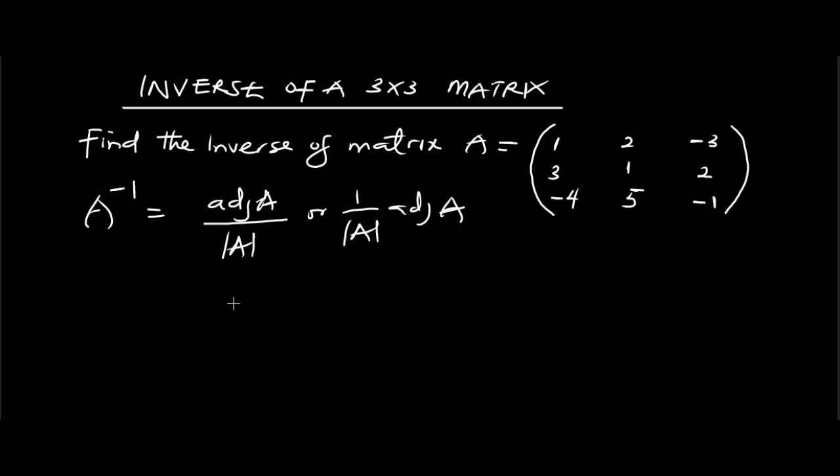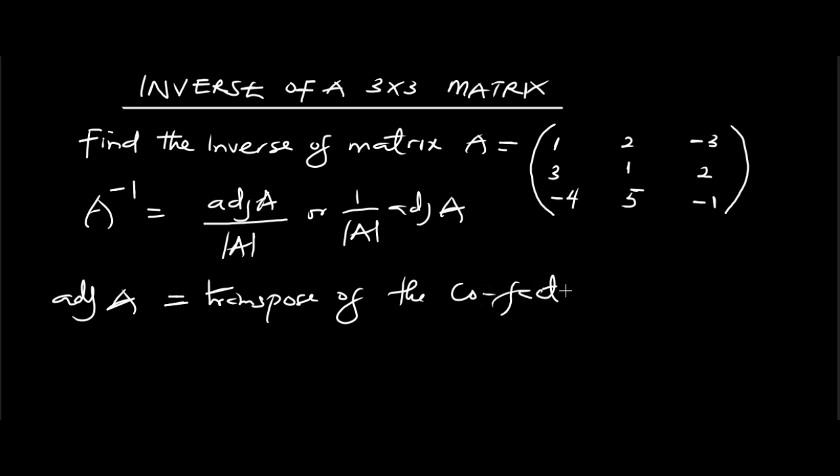So what's the adjoint of a matrix? Adjoint of a 3 by 3 matrix is the transpose of the cofactors of the matrix. So adjoint of A equals transpose of the cofactors of A. It means we need to find the cofactors of A, then take the transpose.